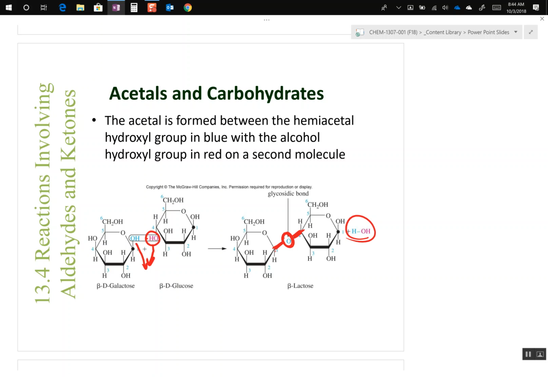Okay, glucose, when you link it together from a monosaccharide. Okay, so here we have galactose and glucose. Okay, so these are two monosaccharides, galactose and glucose. Okay, when they react, they can form a molecule called lactose. That's another carbohydrate. This is a disaccharide.